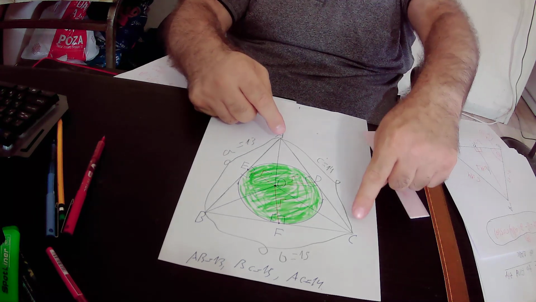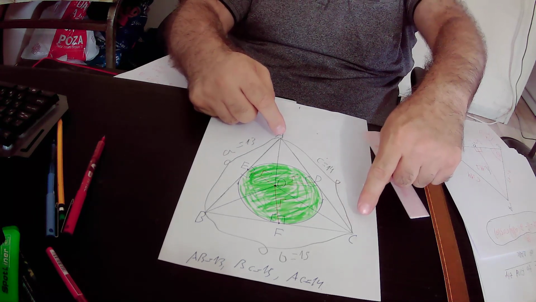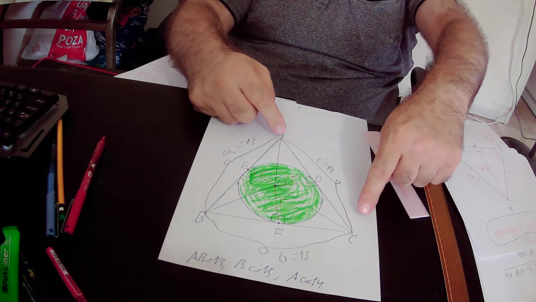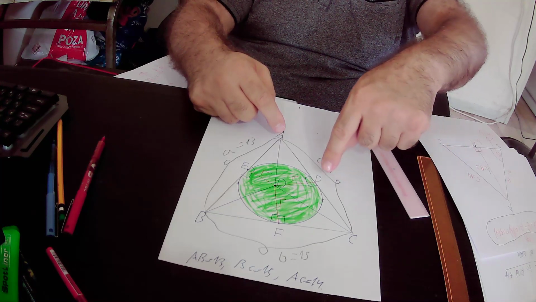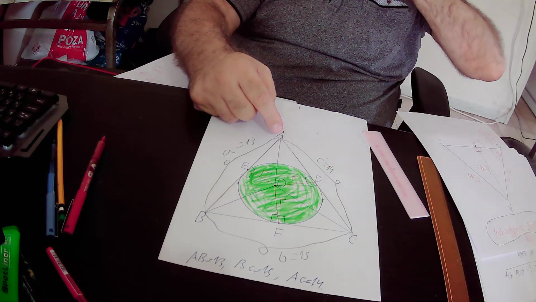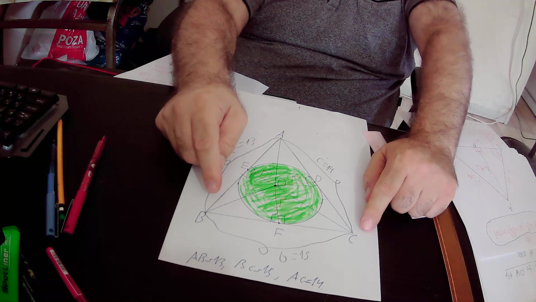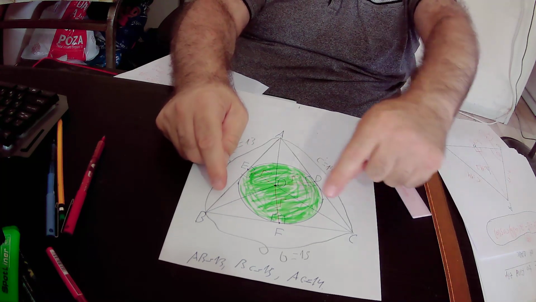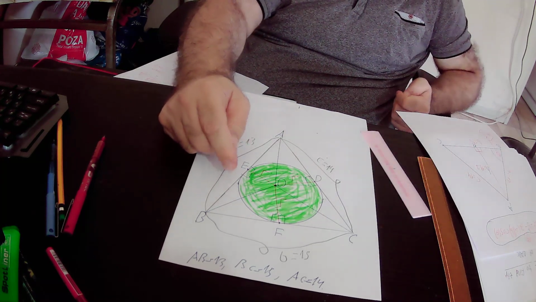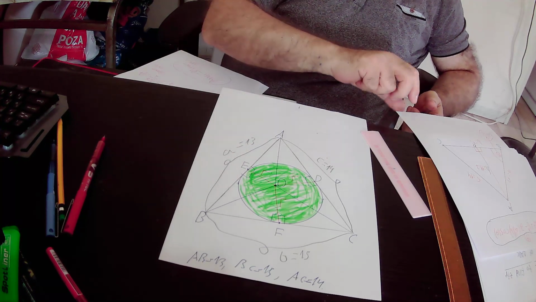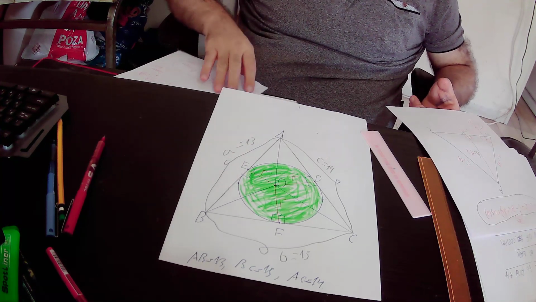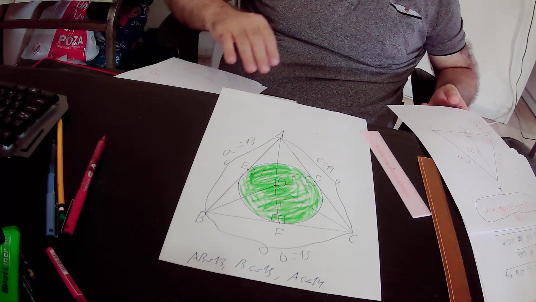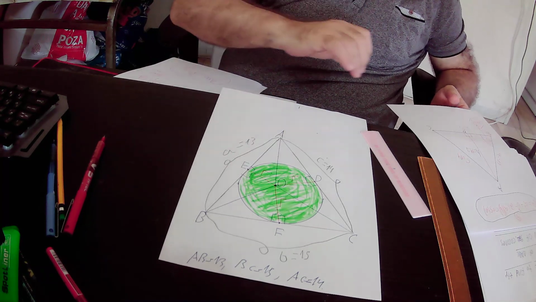Side AC of triangle ABC is tangent to the circle at point D. And side BC of triangle ABC is tangent to the circle at point F. And we want to find the area of the green circle.